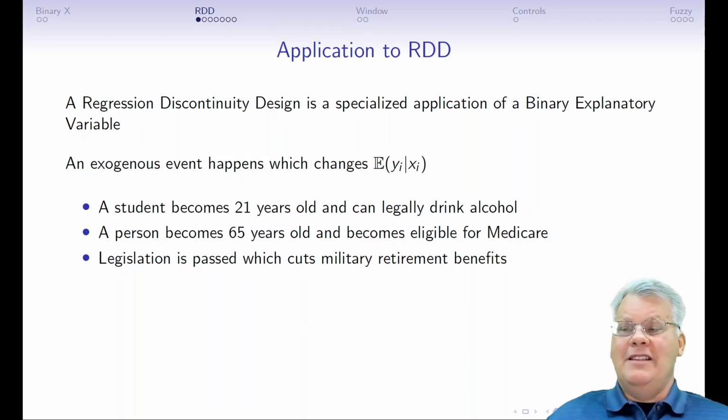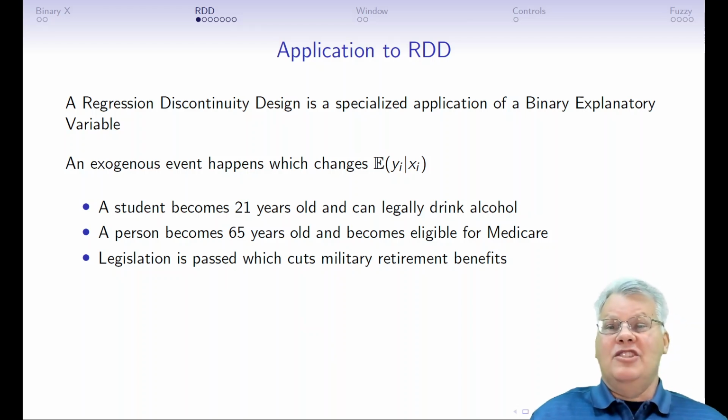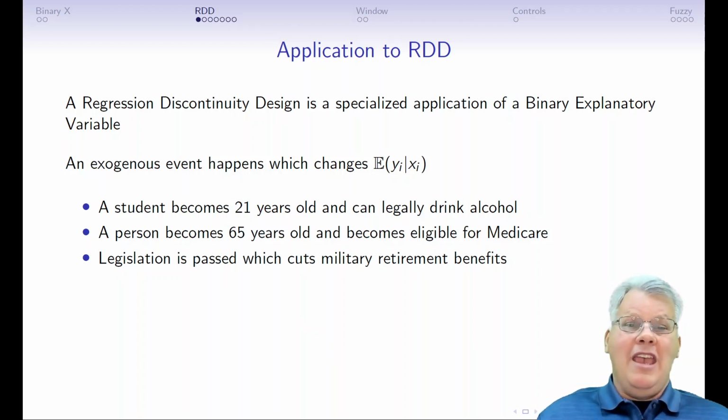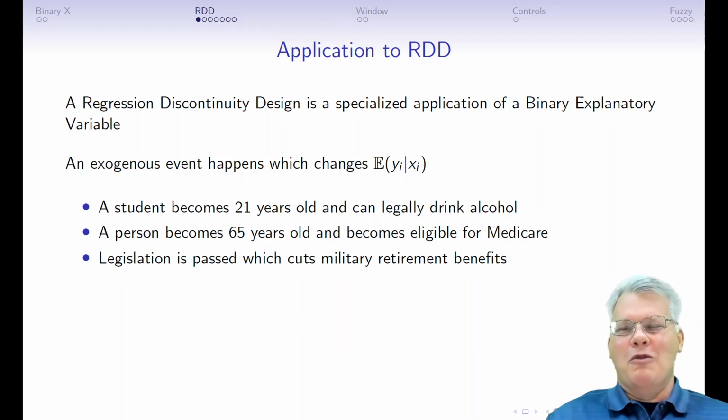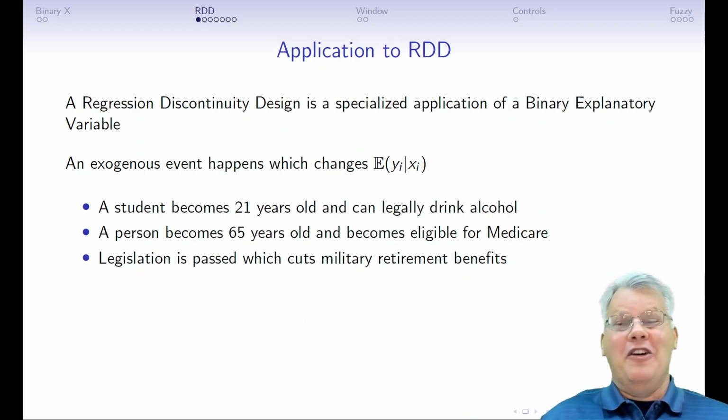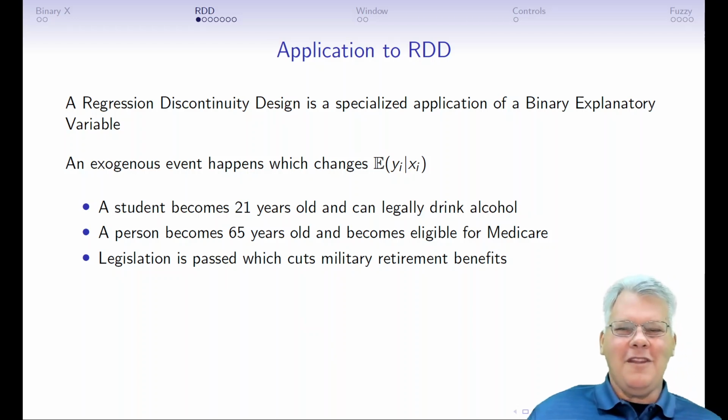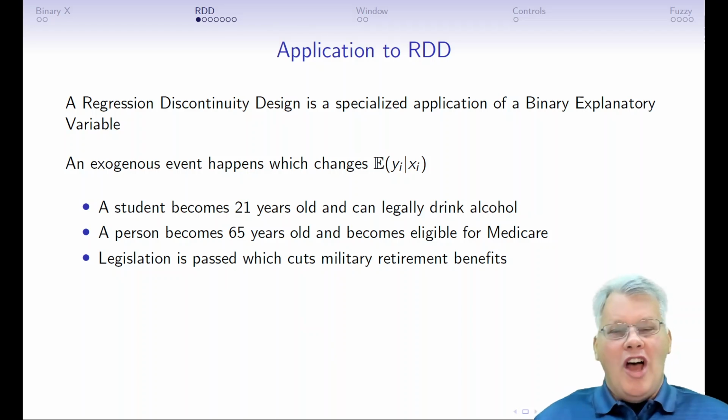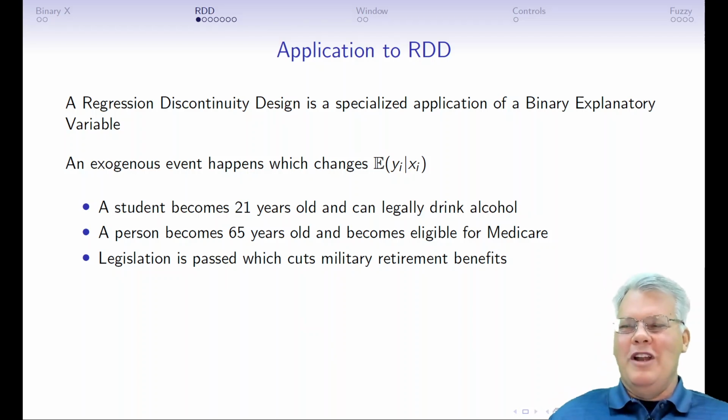So this is the basis of the paper that we're going to cover next, which was the paper that my co-authors and I did on what happens to the GPA of cadets at the Air Force Academy when they turn 21. I won't spoil it, but it's a very amusing paper. So, God causes people to turn 21 years old.